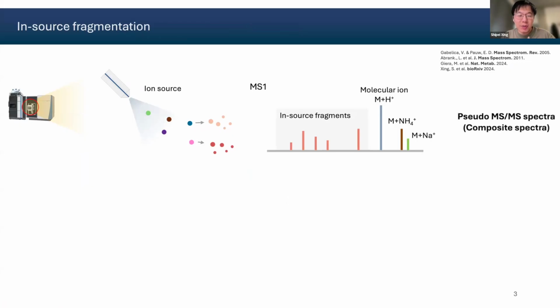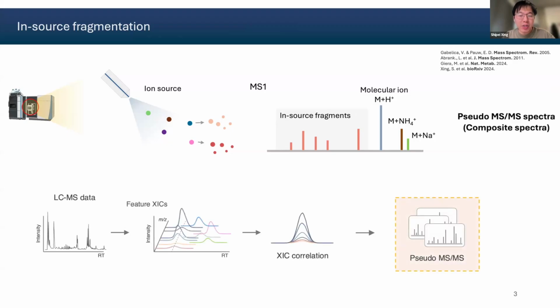This provides the possibility of leveraging such in-source fragments as a handle to create pseudo-MS2 spectra, or composite spectra. We can then perform peak-to-peak correlations along the retention time domain to generate such pseudo-MS2 spectra, and leverage them for metabolite annotation with ever-expanding reference MS2 libraries.